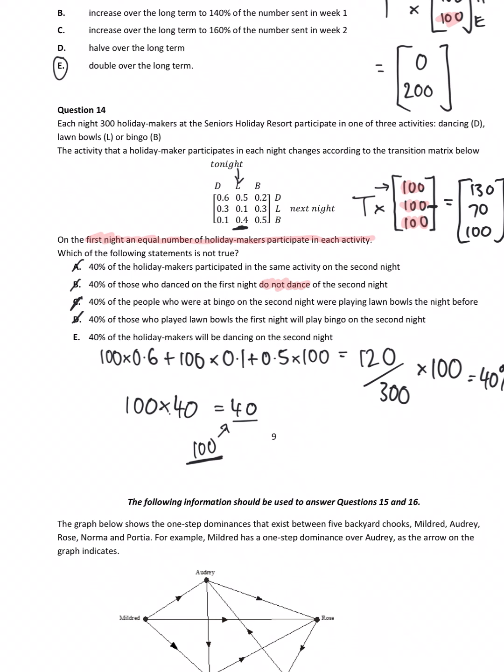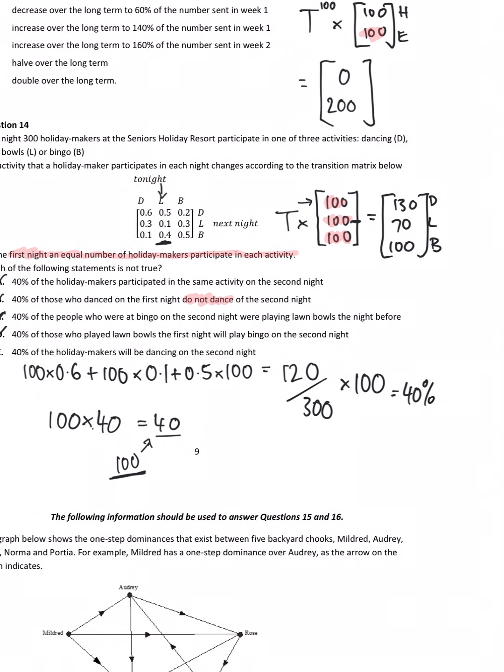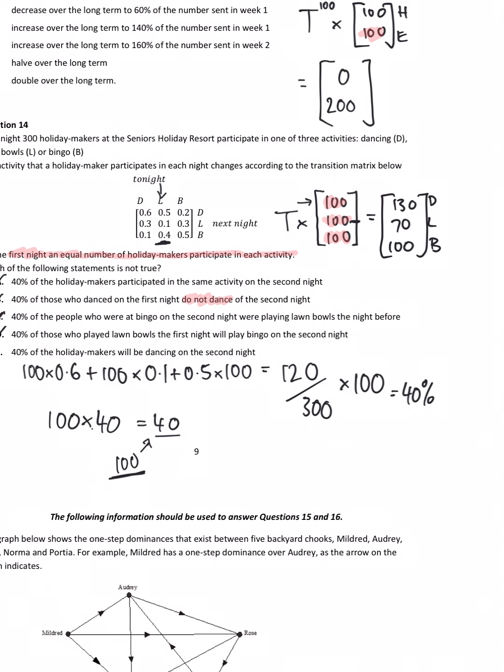E, 40% of the holiday makers will be dancing on the second night. If we look at the second night, that transition matrix over in the top right, we've got 130 people who are dancing. What we've got to do is work out whether that'll equal 40% of the total people.